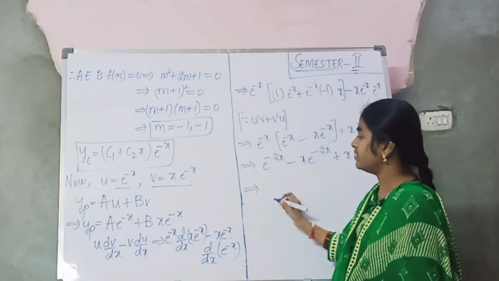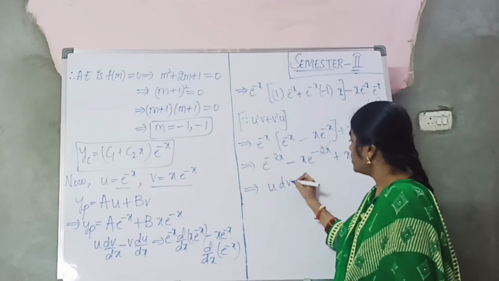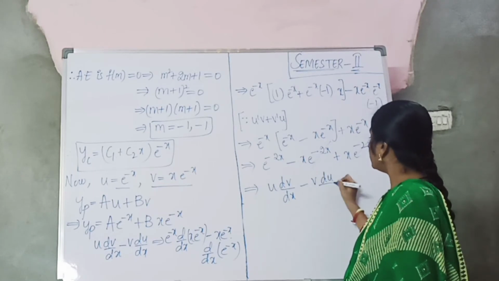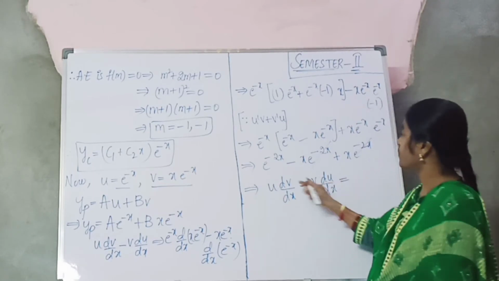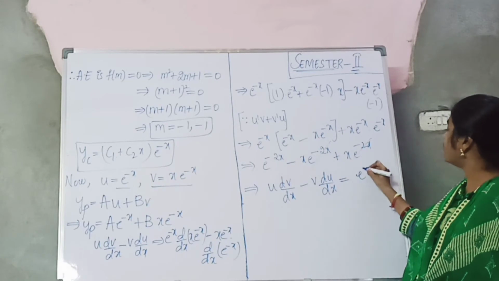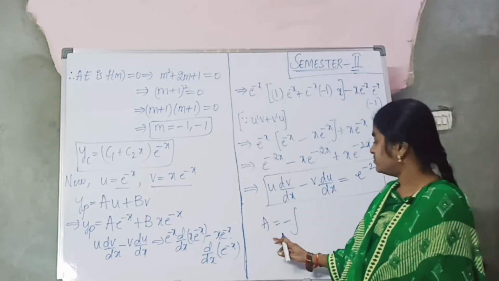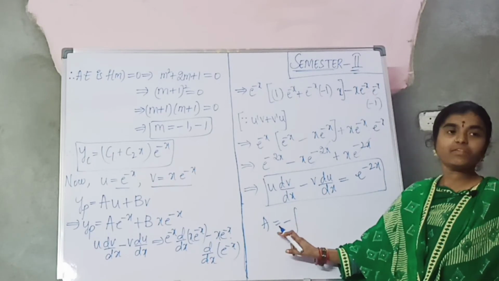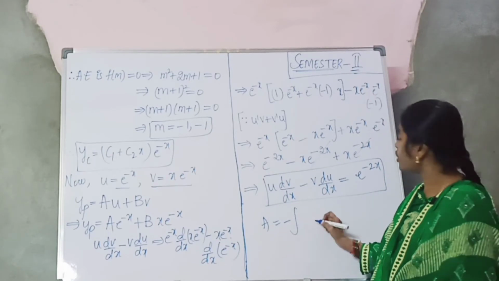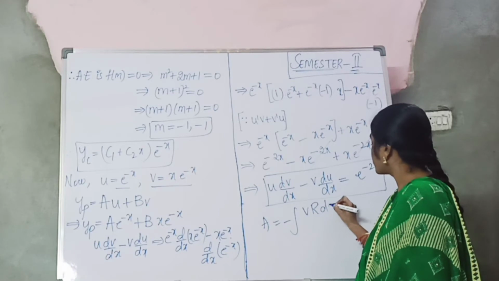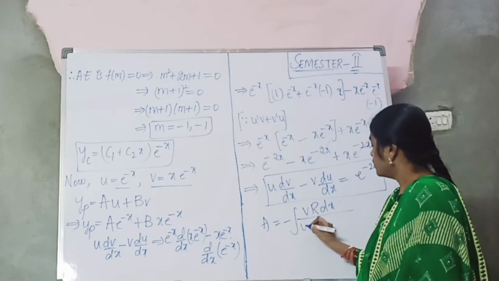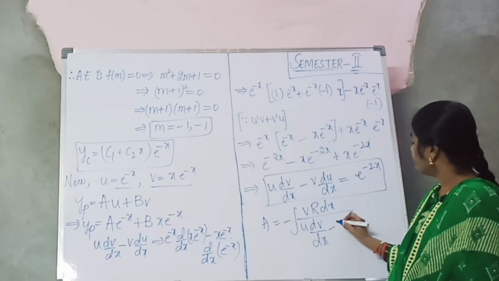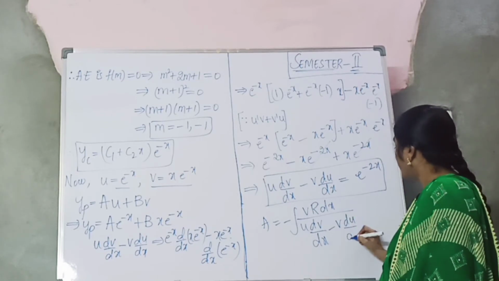So u dv by dx minus v du by dx equals e power minus 2x. Now we have to find the values of a and b. Using the formula, a equals minus integral of v r dx by u dv by dx minus v du by dx.